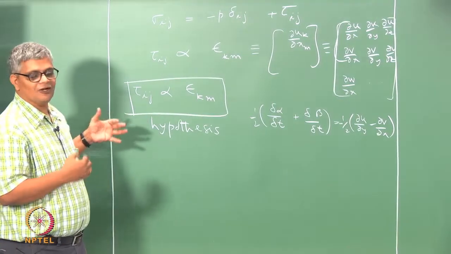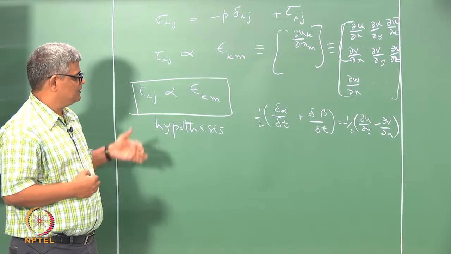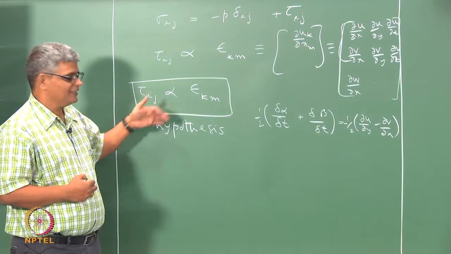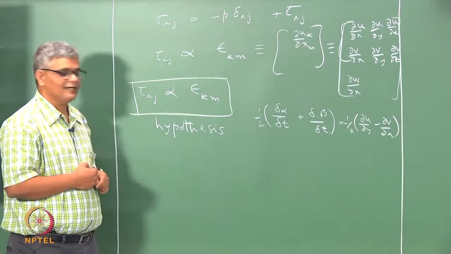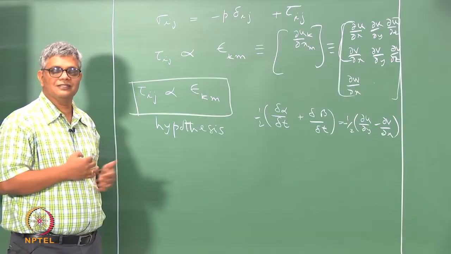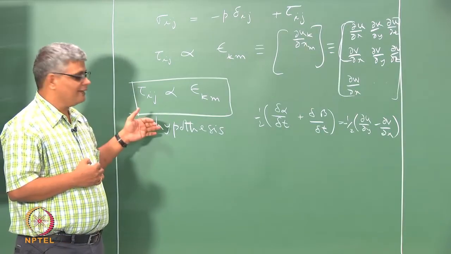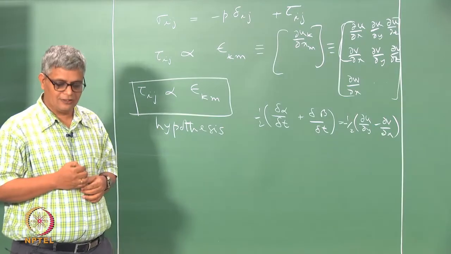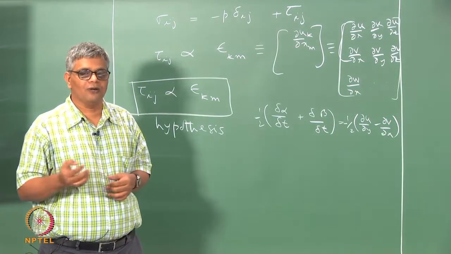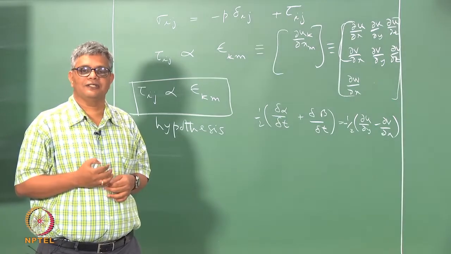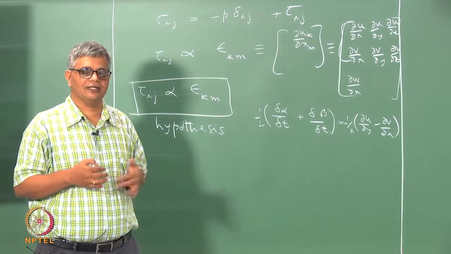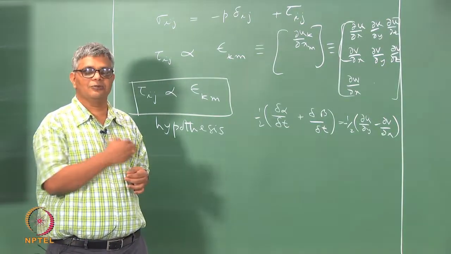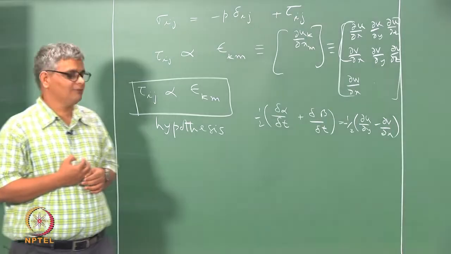The simplest common fluids that we can come across obey, based on empirical observation, we can say that they obey this hypothesis, and therefore this hypothesis is very useful practically. But there are a number of other, more complicated common fluids like blood, which contains lots of white corpuscles and red corpuscles and those kind of additional things, which do not obey this linear hypothesis.